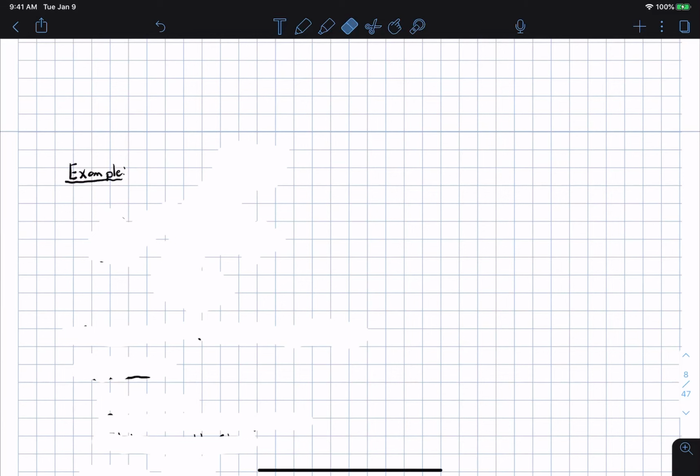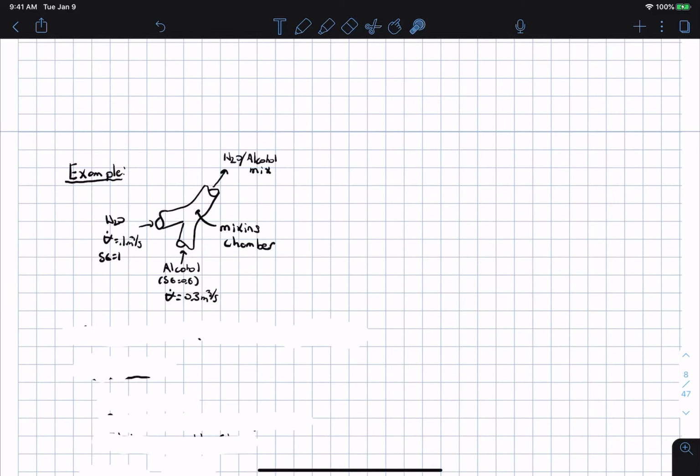We have a mixing tee, where in one leg of the mixing tee we have water coming in, and on the other leg of the tee we have alcohol coming in at a specific gravity of 0.6 and a volumetric flow rate of 0.3 cubic meters per second. The volumetric flow rate of water coming into the inlet here is 0.1 cubic meters per second.